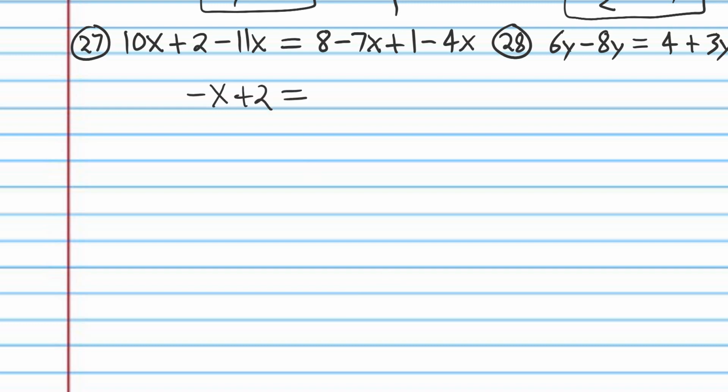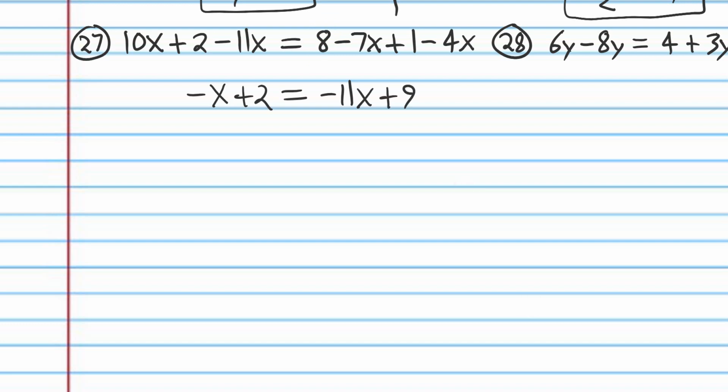And -7x minus 4x is -11x. And looks like we can simplify something else. We can simplify 8 and the 1. We can add those up and we get 9.